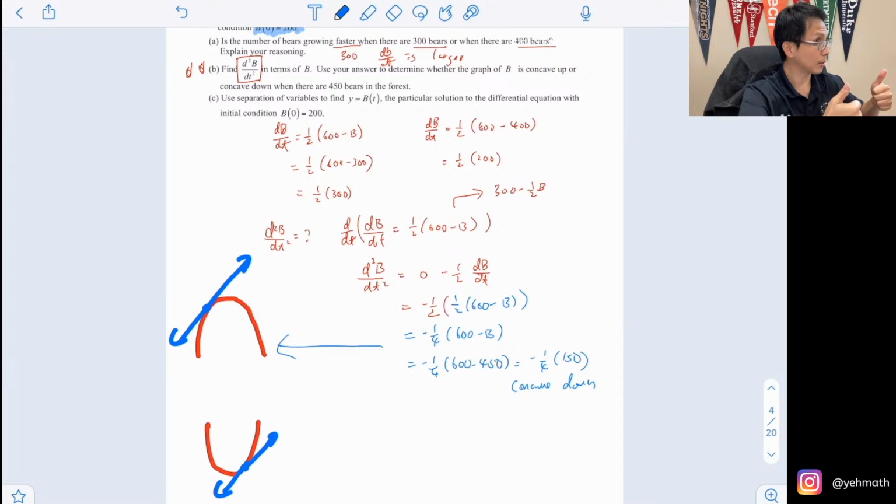Everybody understand this? So if we get that question, we're not expected to find the tangent line. We can just use the second derivative. Sometimes they will say, hey, can you use an equation of the tangent line if I give this initial condition at this particular point, and also it's possible for you to find the second derivative, because the tangent line doesn't tell you if it's over or under, but if you take another derivative, you can figure out whether it's concave up or concave down.